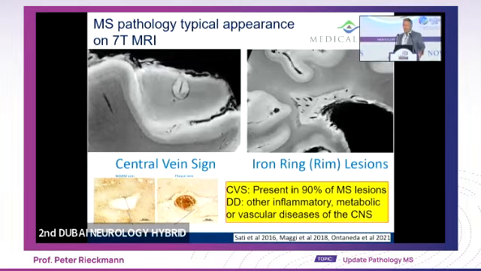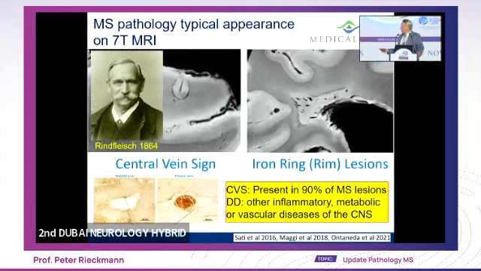The interesting thing, though, is that the central vein sign has been there since the first description by Eduard Rindfleisch in 1864. He said there isn't any MS case without this sign. So it is something we have known for some time, and we are coming closer to understanding why it is there, why it is so typical, and how we can interfere already at this stage to have an impact on the progression of the disease.